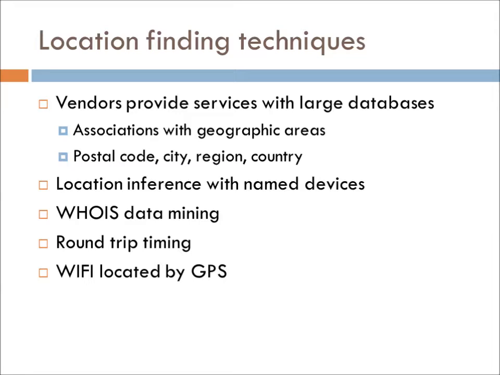We'll take a look at whois data mining, round-trip timing, and Wi-Fi location, which is located by GPS. Each one of these methods has its own strengths and weaknesses, but taken together, they can do a good job of making a judgment about how to find a location of a device that's on the internet.